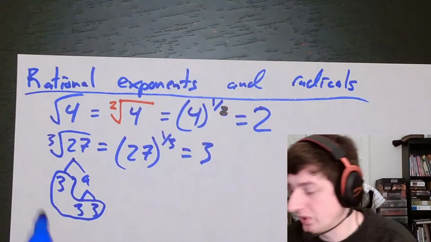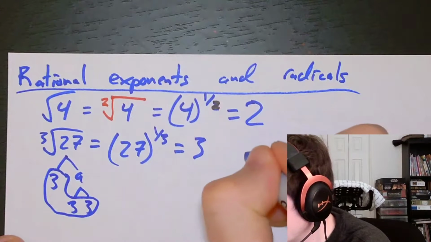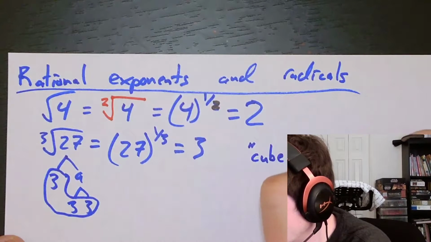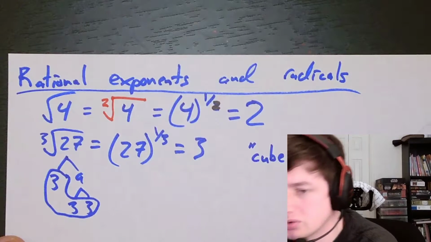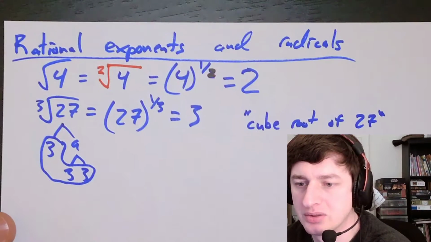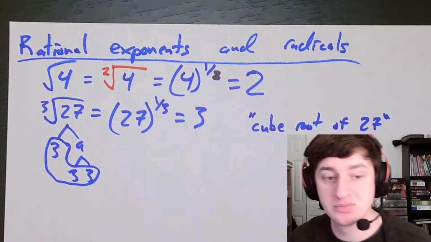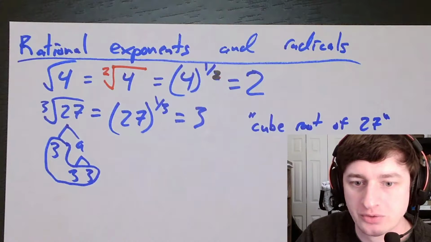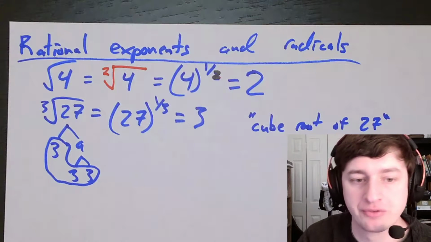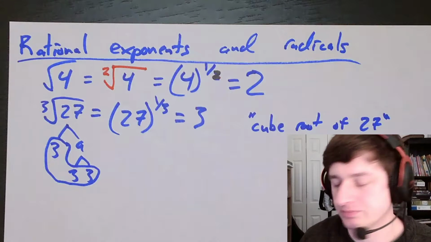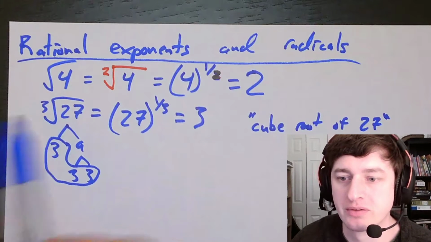Okay, so the way we would read this is you would say the cube root of 27. Square root and cube root are kind of the ones with names. The other ones you would just say, oh, that's the fourth root, or the fifth root, or the sixth root, if this number was 4, 5, or 6.